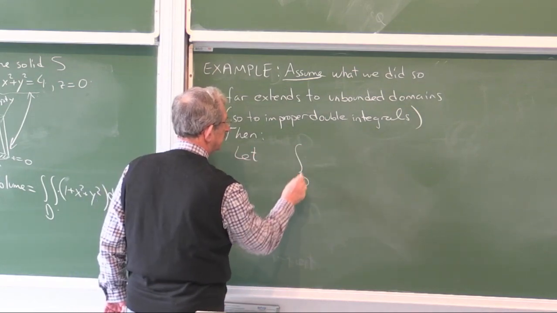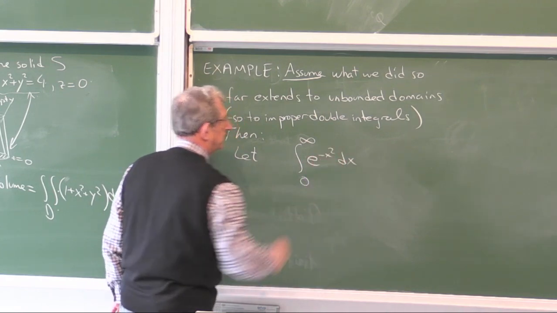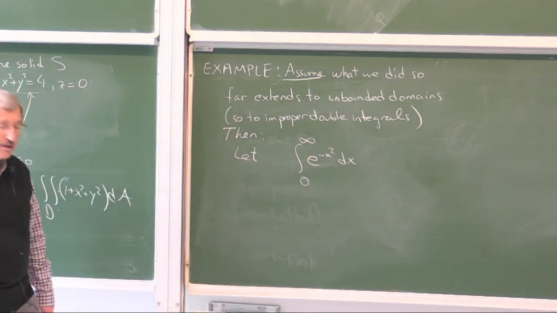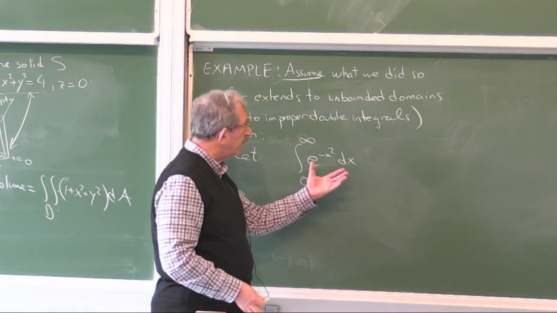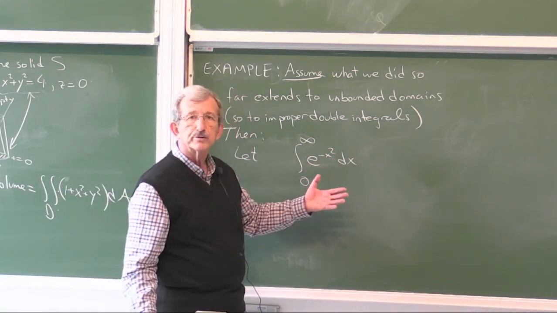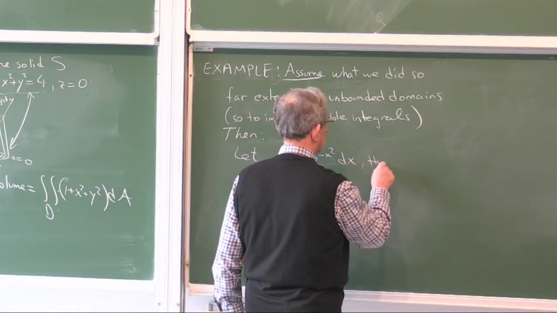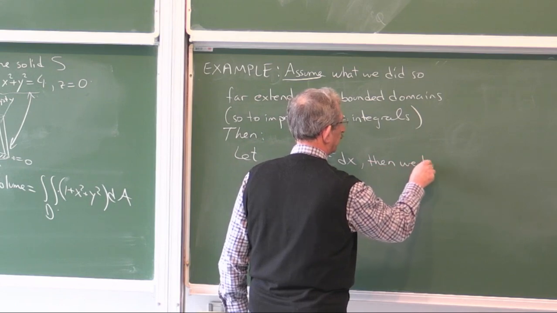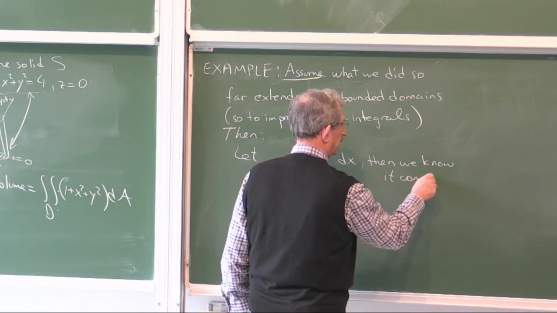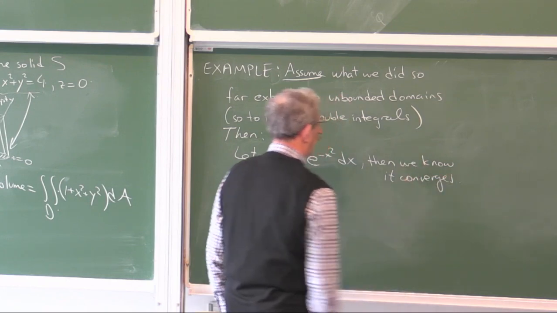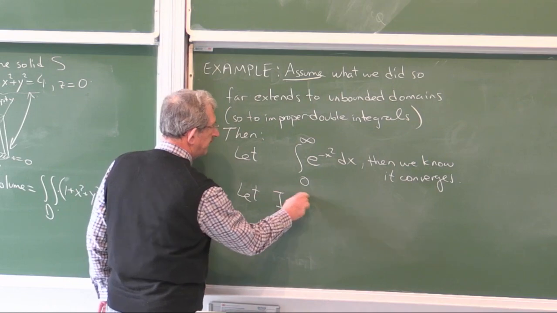Namely, consider this: 0 to infinity e to the minus x squared dx. From our considerations in 119, on improper integrals, we know that this integral converges. So let I be the value.